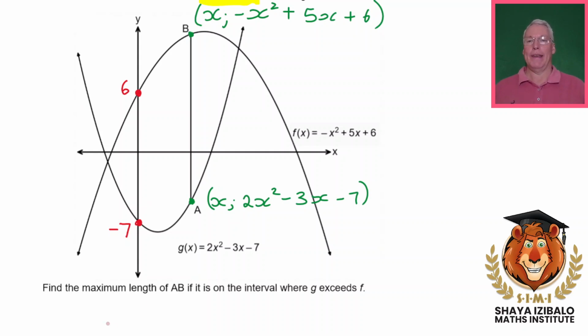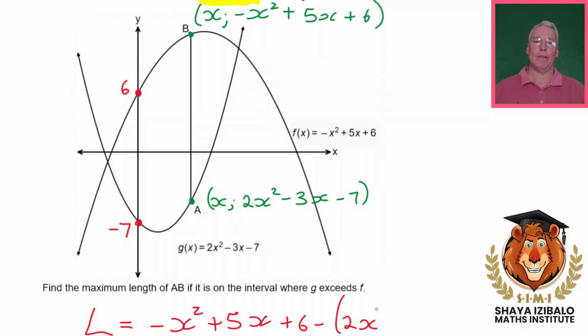So the length of AB is just going to be our bigger y value minus our smaller y value. So that's going to be that minus the smaller y value, which is 2x squared minus 3x minus 7.